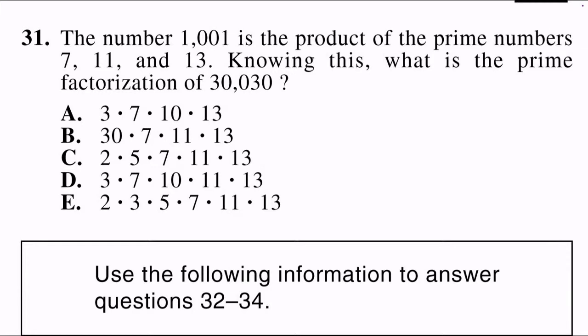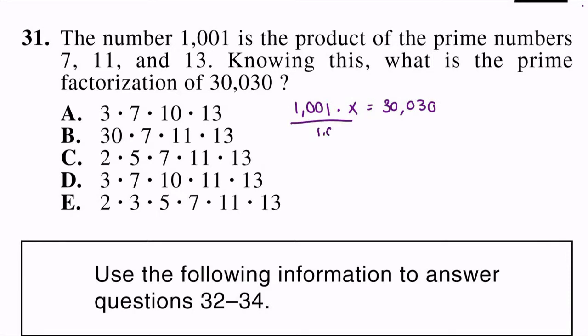So they're essentially asking us, what can we multiply to get 30,030 that is only prime numbers? So we know we have the prime factors of 1001. So what times 1001 equals 30,030?